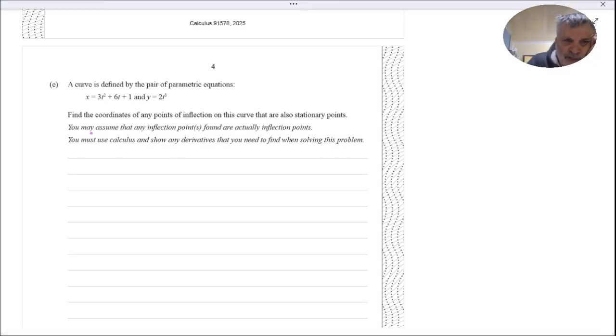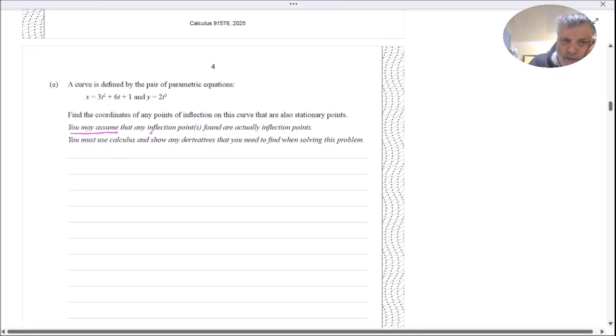So this bit here, that you may assume that any inflection points found are actually inflection points, that's basically alluding to the fact that if we find the second derivative and we set it to 0, we will get some values.